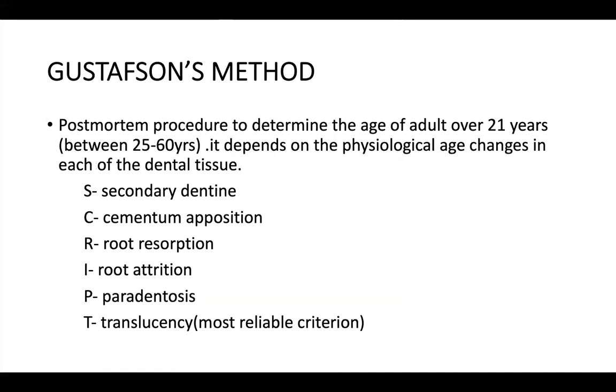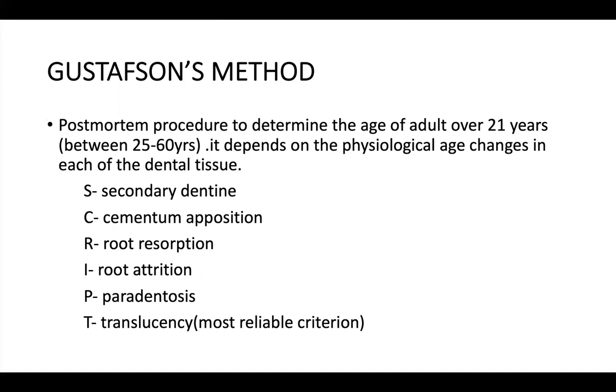Then the Gustafson method. Gustafson method means a postmortem procedure to determine the age of an adult over 21 years, between 25 to 60 years. It depends on physiological age changes in the dental tissues. So here these changes happen, which can be remembered as a script. First, secondary dentin occurs.